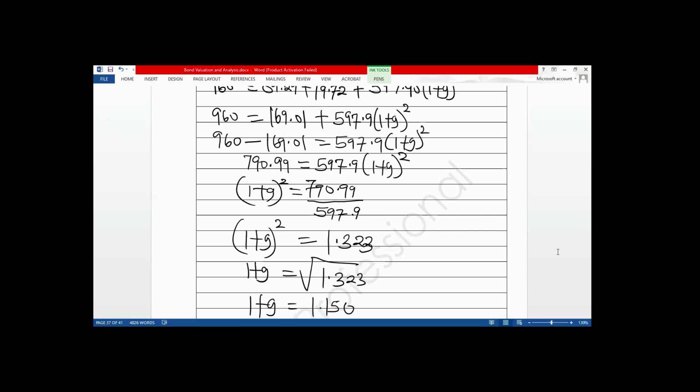So, sir, if that's the case, then I would advise the bondholder to wait for 2 years and then convert to equity shares, because if I apply that 15% on the 960, that advice is dependent on the expected growth rate in share price.